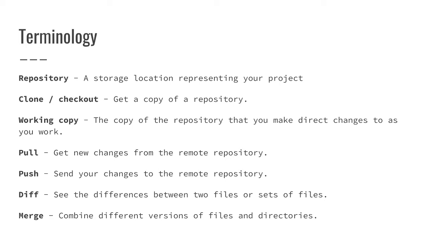That's where your changes go as you're working. Pulling is getting new changes from a remote repository. Pushing is sending your changes off. Diffing, or getting a diff, is the differences between files or sets of files like folders. And merging is combining different versions into one copy.